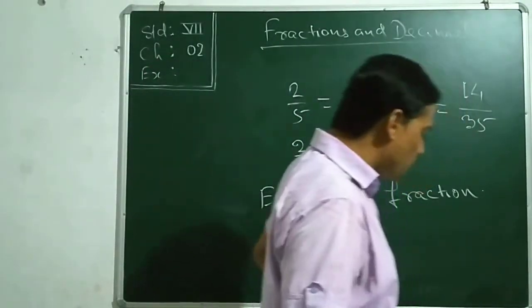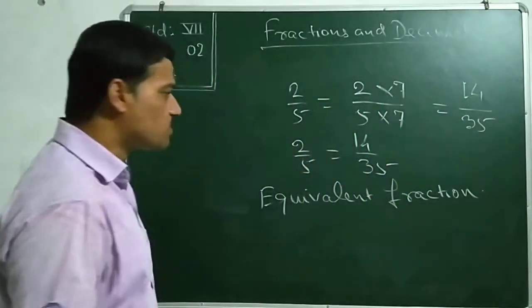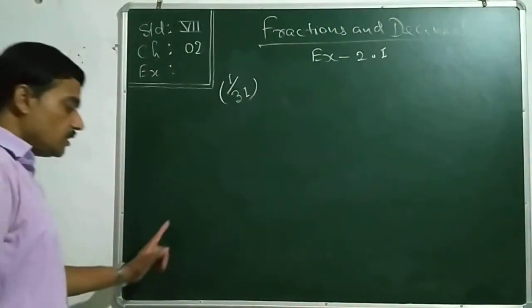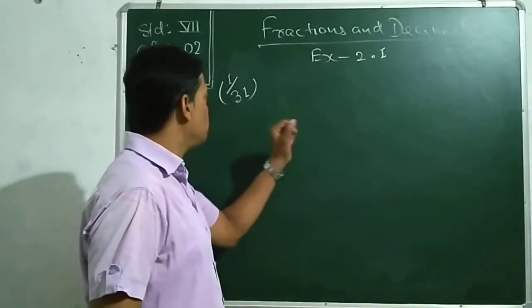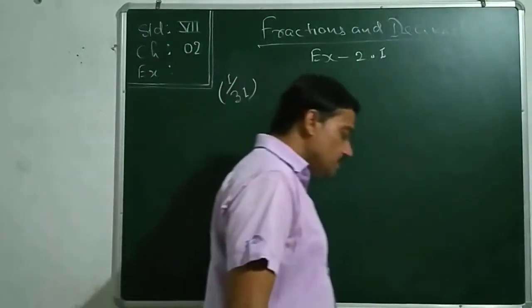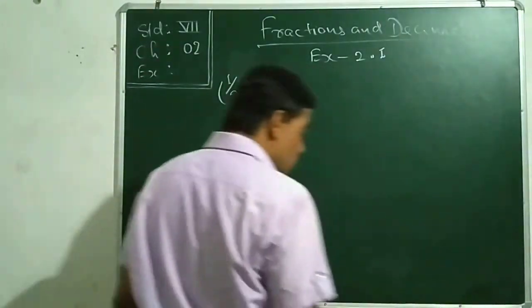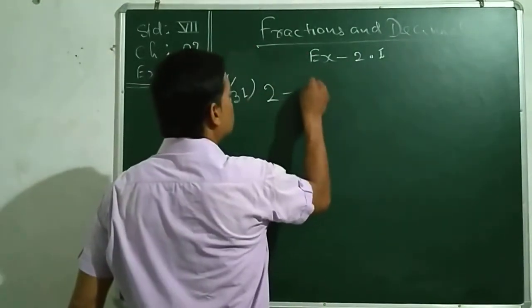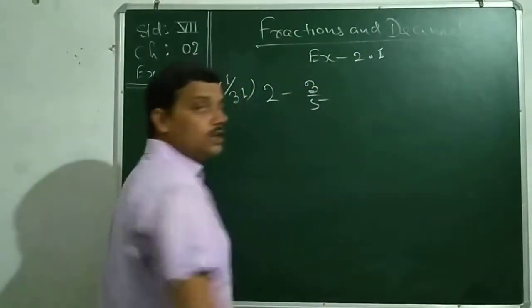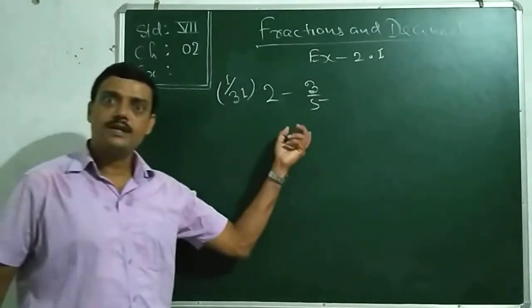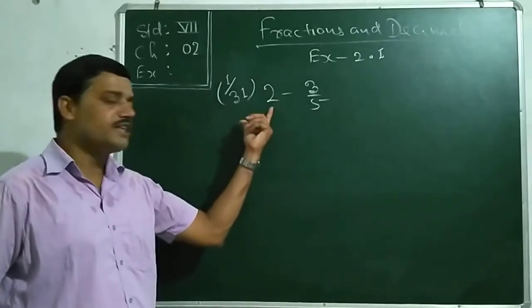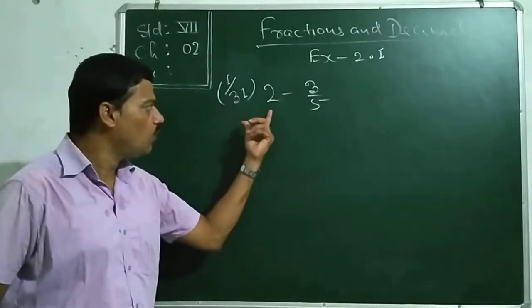Come to exercise 2.1. I am going to explain it now. In exercise 2.1, the first sum is 2 minus 3 by 5. To solve 2 minus 3 by 5, we consider 2 as a fraction where the denominator is 1.